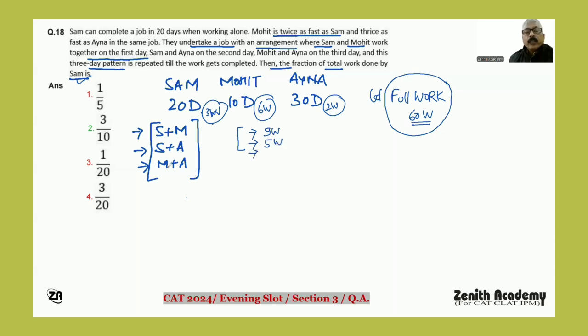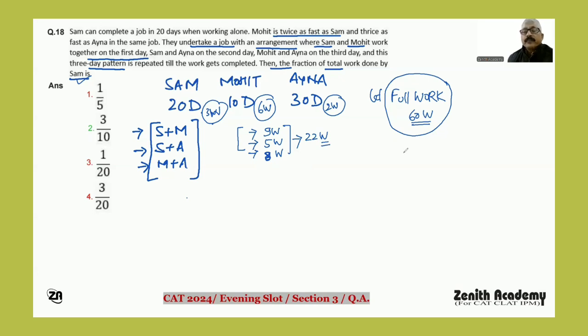And third day, Mohit and Aina, 6 plus 2, 8 work. Right. So in one interval of 3 days, first Sam plus Mohit, then Sam plus Aina, then Mohit plus Aina, 9, 5, 14, and 8, 22 work will be completed.